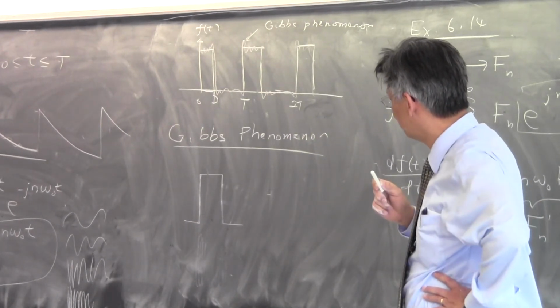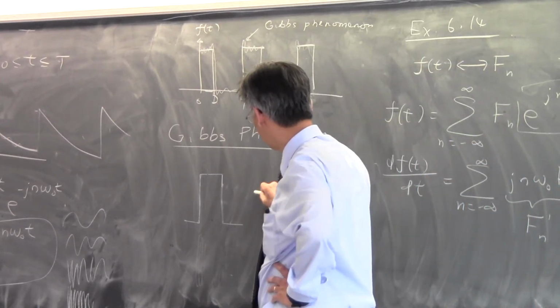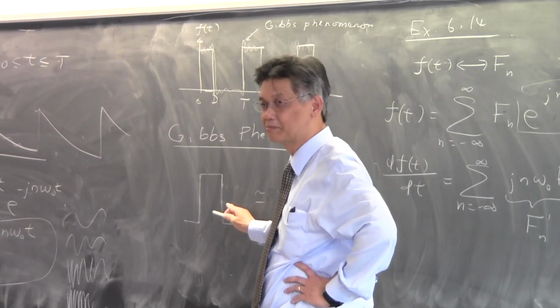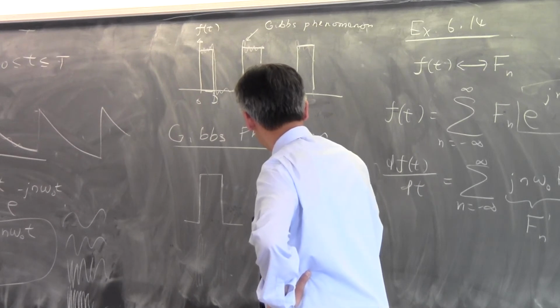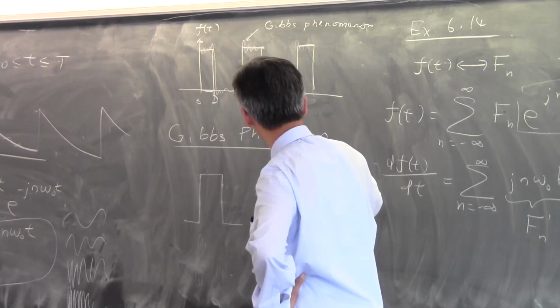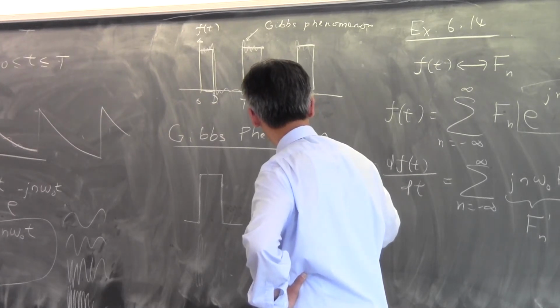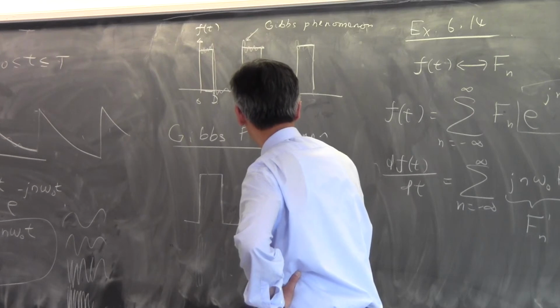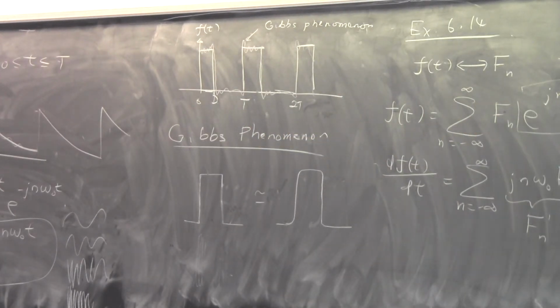In order to avoid this Gibbs phenomenon, one way is to not try to be so ambitious in using Fourier series expansion to expand this function. Be less ambitious and use it to expand a function that is slightly smoother. This function on the right-hand side is smoother than the function on the left-hand side.